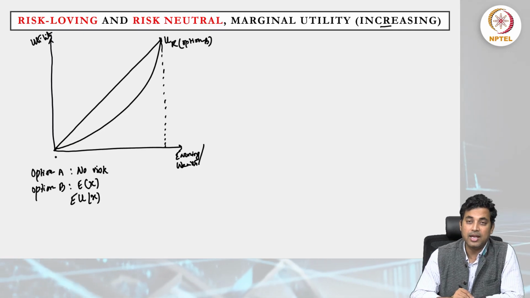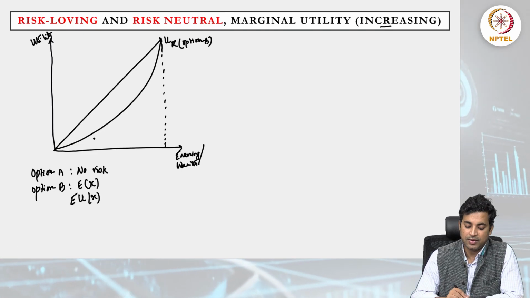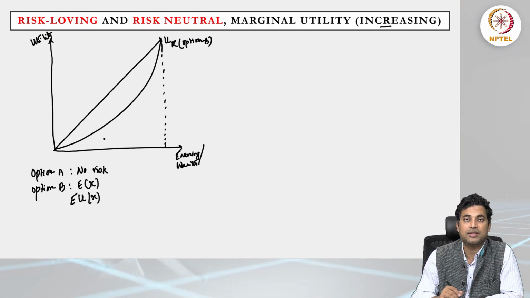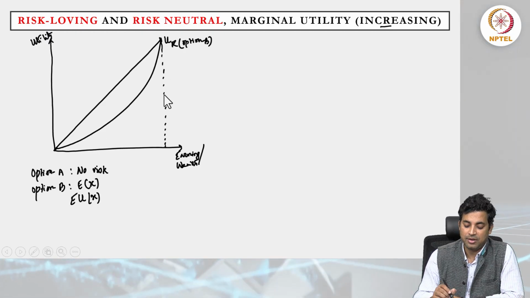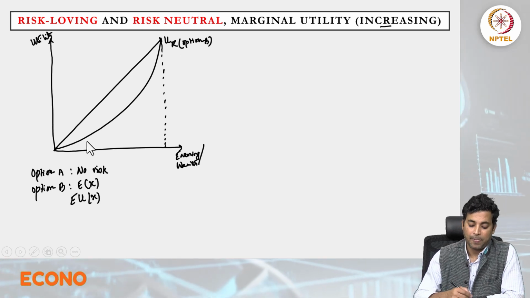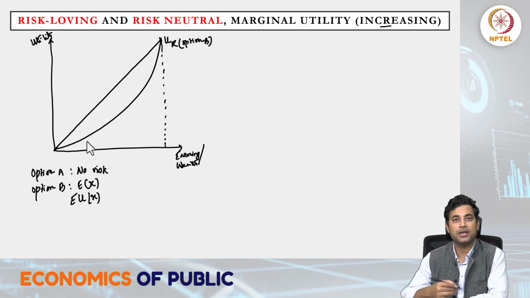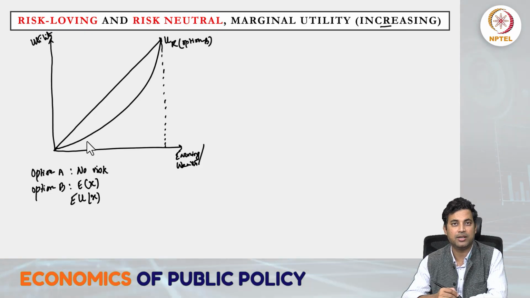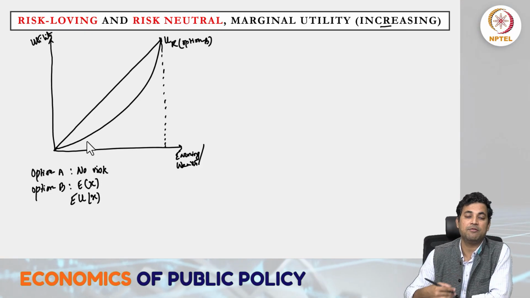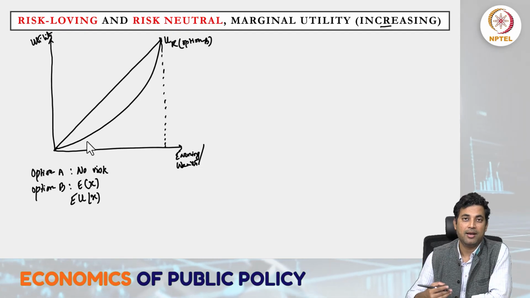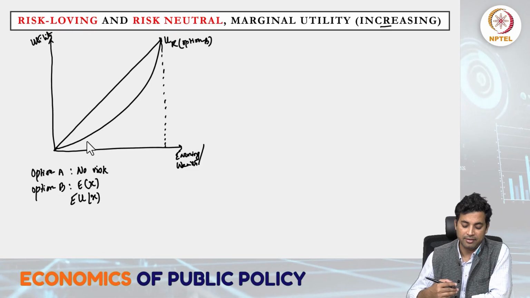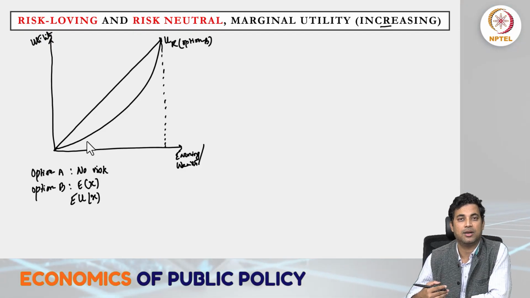So this increasing U shape is a convex utility curve, which means increasing returns. As your earning increases, your propensity to invest more will be high, and the level of utility that you are expecting will be more, and therefore your utility goes up.